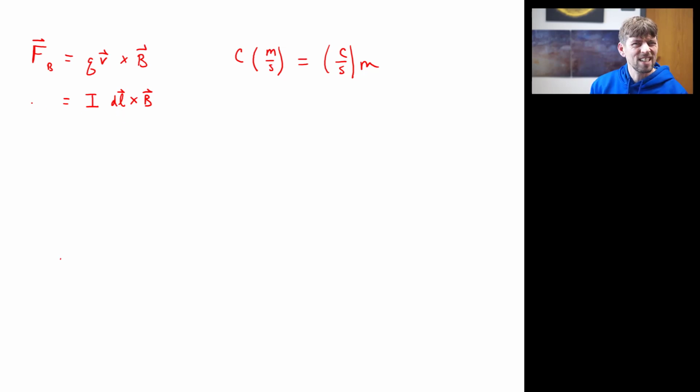Now, technically speaking, I should put a dF here, since we have an infinitesimal length of wire, and that contributes an infinitesimal force acting on the wire. But if you know the length of the wire, or if the magnetic field is constant over the entire length, then you can replace this with just L and be on your merry way.